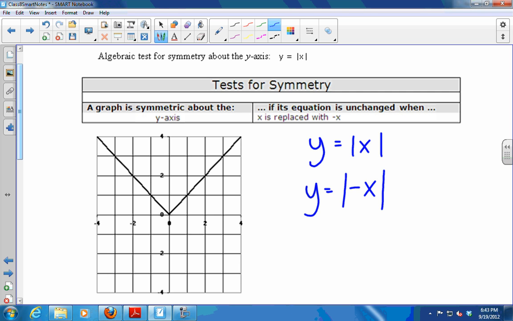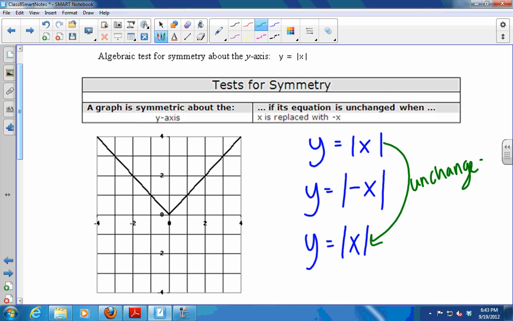Right, it's the same as the absolute value of x. The absolute value of a number and the absolute value of a negative number are the same. So my equation remained unchanged. That's how I know that I have y-axis symmetry. If you can replace the x with a negative x and the equation is unchanged, then I have y-axis symmetry.